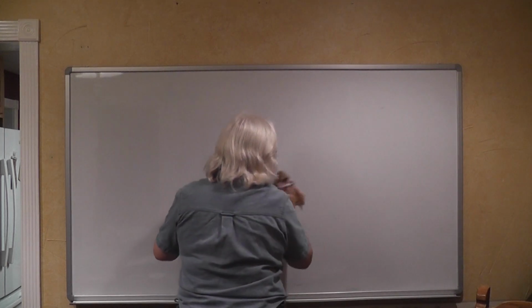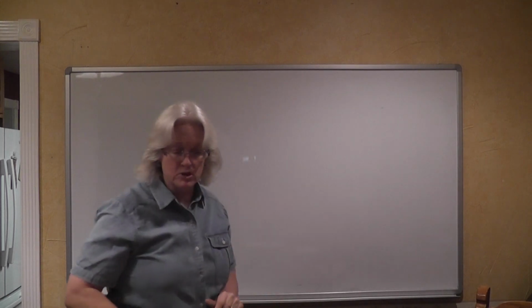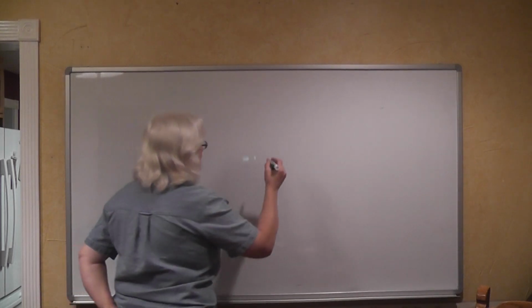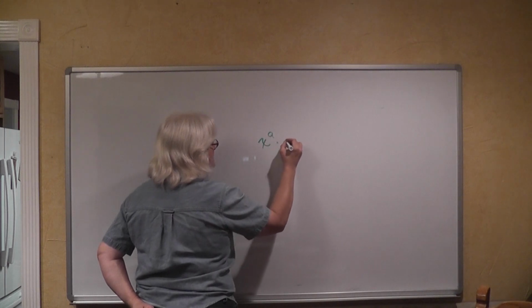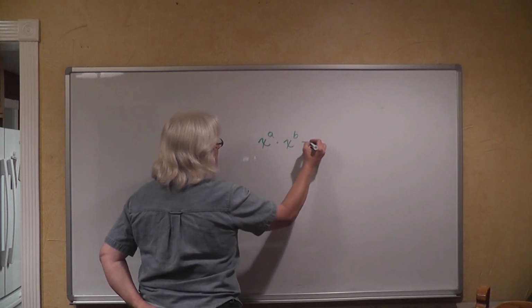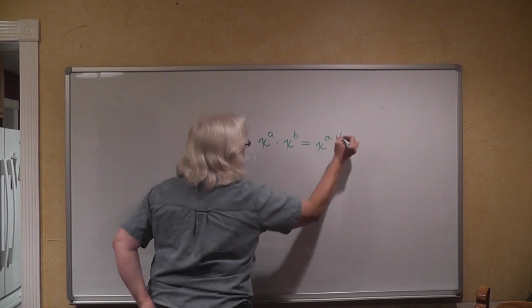So this is your exponent rule, and for adding exponents, you need to begin to become accustomed to this. X to the a times x to the b is equal to x to the a plus b.